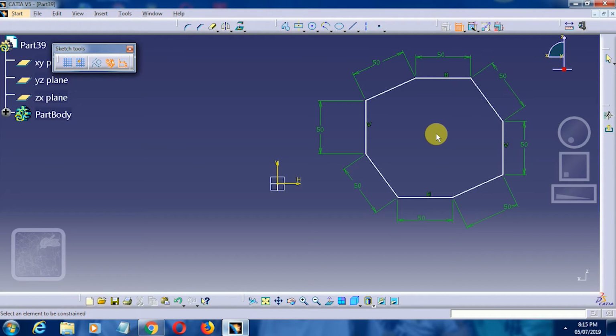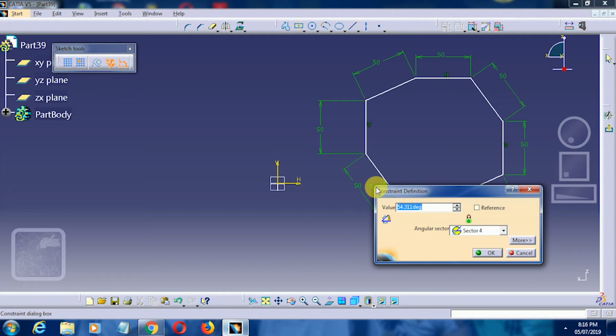So we will have to make sure that the angle between two consecutive sides is indeed 45 degrees. Let us begin by giving these angles, choosing this line, and the external angle is 45 degrees. The internal therefore also will be 45. Double clicking and then 45 and then enter.